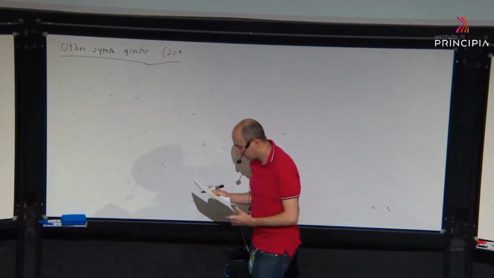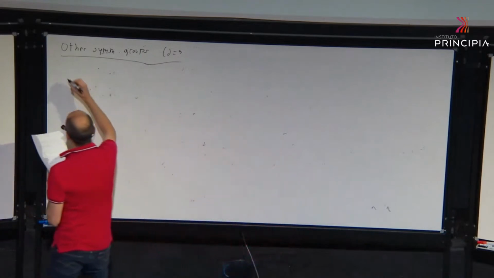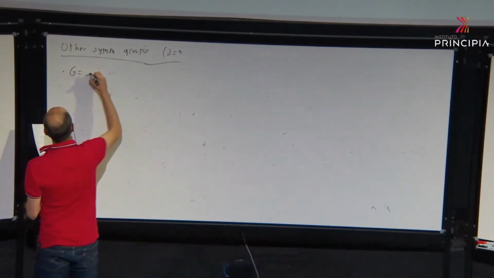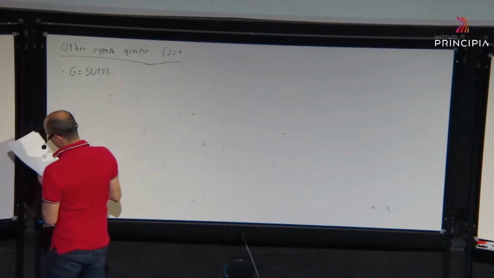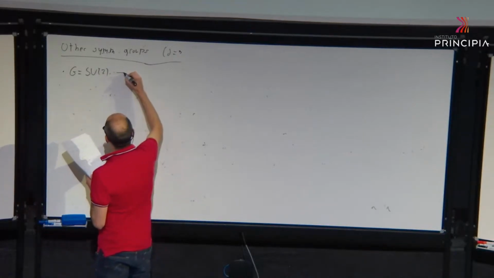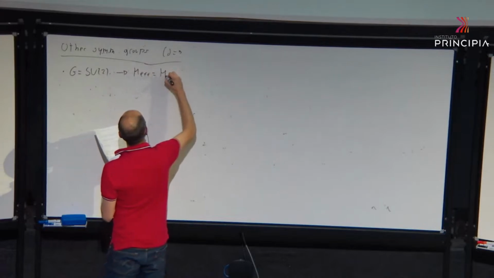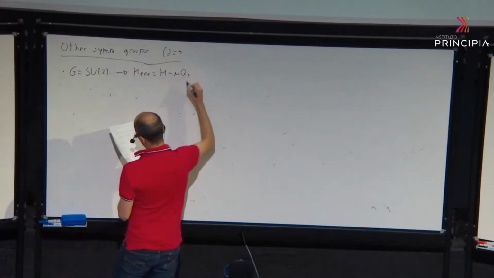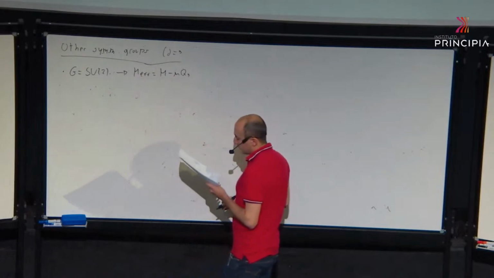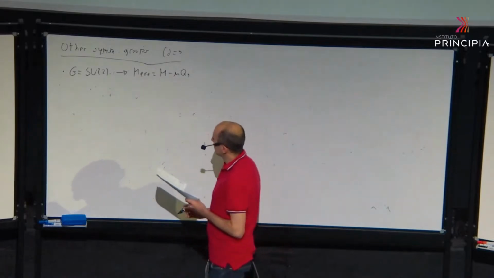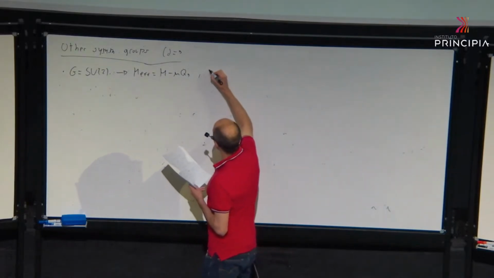No, I mean, I was planning to do it anyhow. So I'll take G equal SU2. We already discussed before what the spectrum is. You have an effective Hamiltonian, which is H minus mu Q3. So you have one gapless Goldstone and one gapped Goldstone. This means G is fully broken.